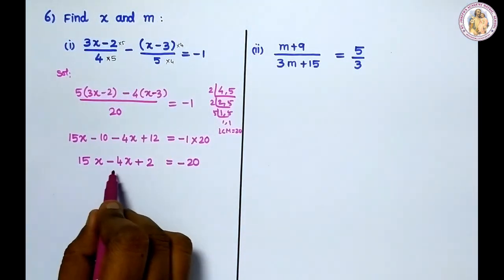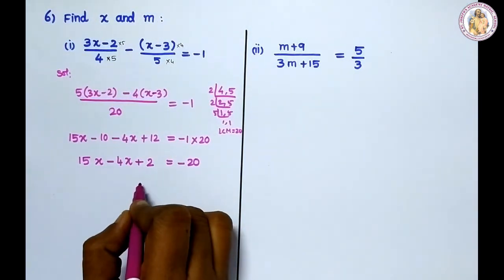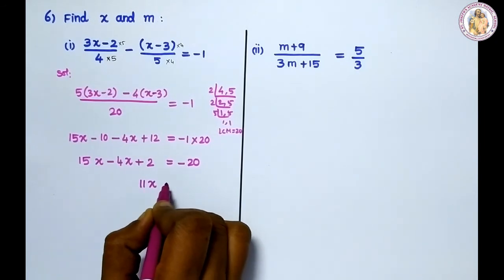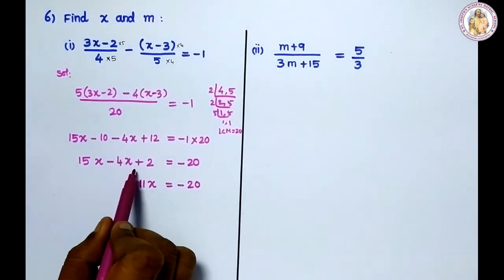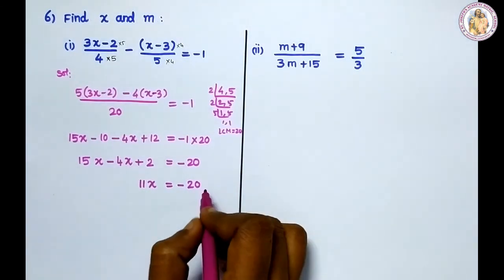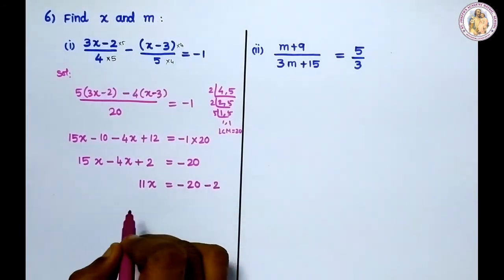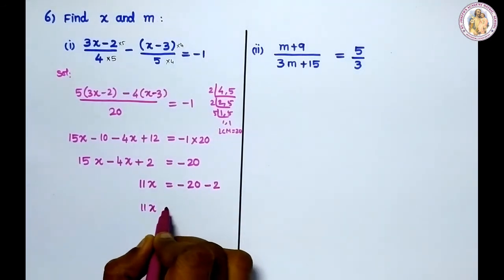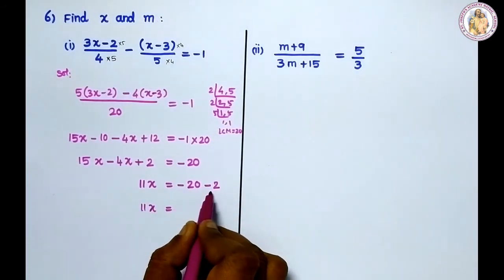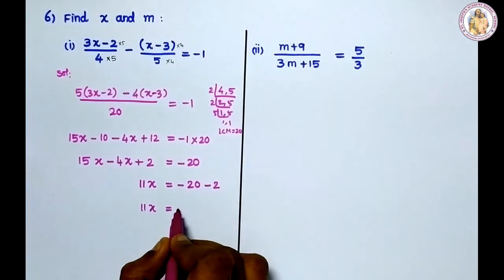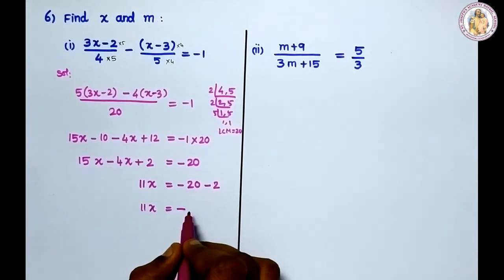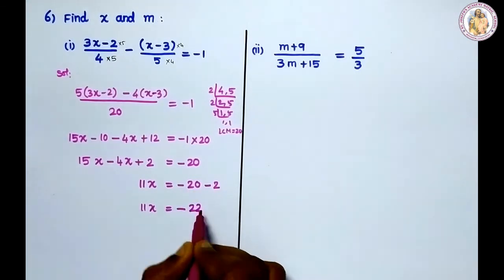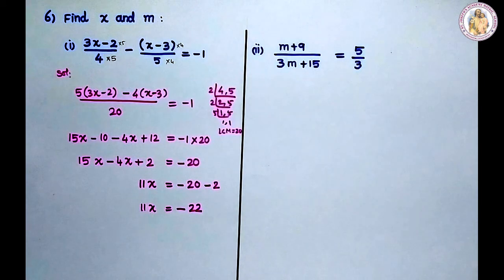Now 15x minus 4x means we get 11x equal to minus 20. Listen, plus 20, plus 2 is here. Bring this side means it becomes minus 2. So 11x equal to minus 20 minus 2. Same sign, put the sign, same sign, add the numbers, that is minus 22.